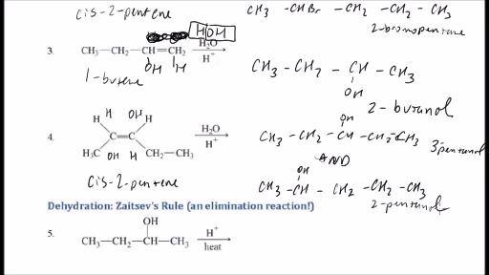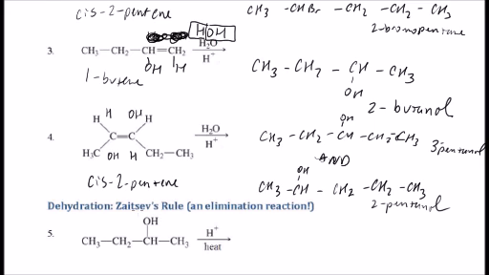So remember, if the double bond is on an interior carbon, Markovnikov isn't telling us which one it's adding to because they're both equivalent. And as a result, we're going to get a mixture of both products, whether it's hydration or hydrohalogenation.